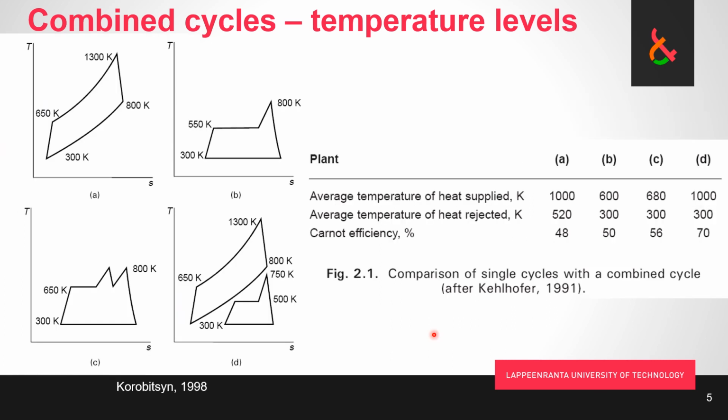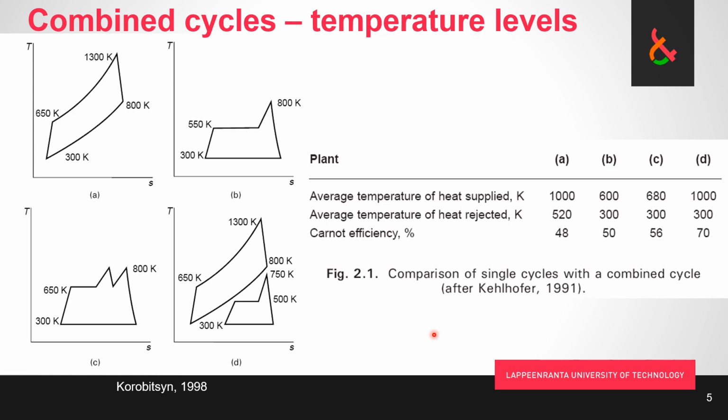Now if we look at our specific case of gas turbine and steam cycle, what kind of Carnot efficiency, so Carnot efficiency, as we remember, is the highest theoretically possible efficiency we can get when our average heat input temperature and the average heat rejection temperature are given.